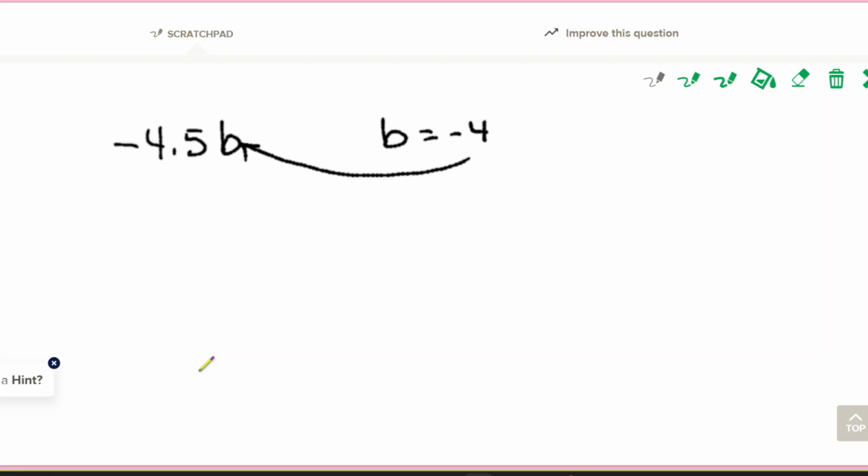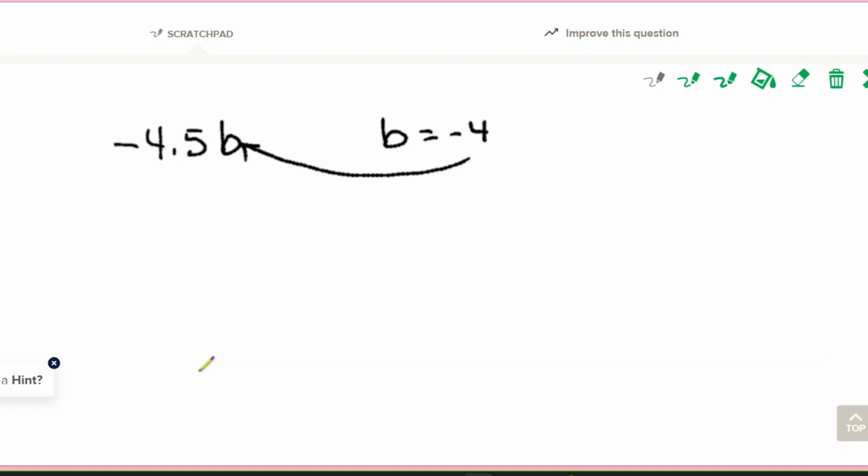Now I remember I said, you do not have to do this, but I personally like working with fractions over decimals for some reason. Maybe I'm a little weird like that.